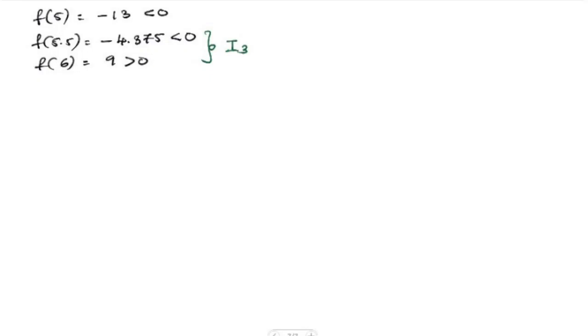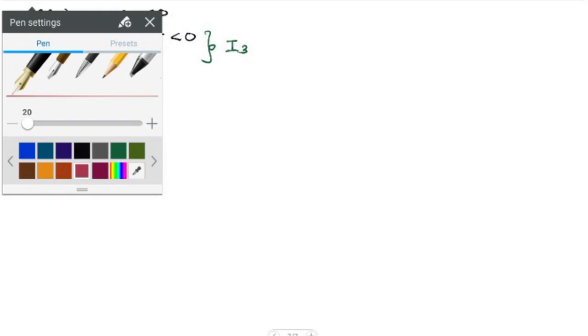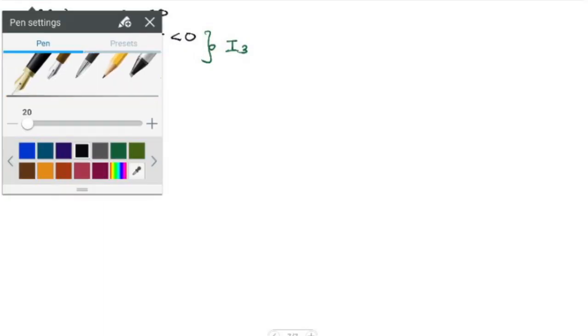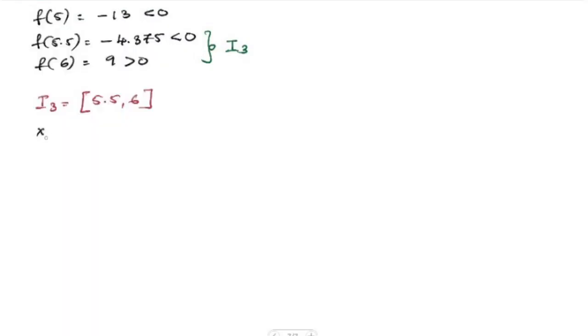For the third interval now, we'll have 5.5 to 6. Calculating x3 now, we have 5.5 plus 6 divided by 2, which will be equal to 5.75.